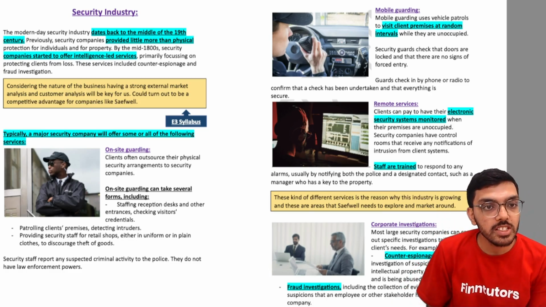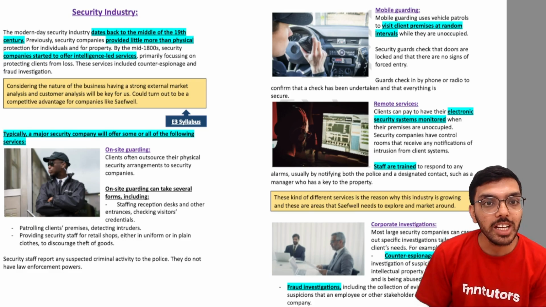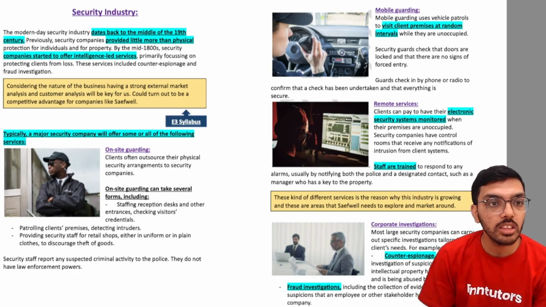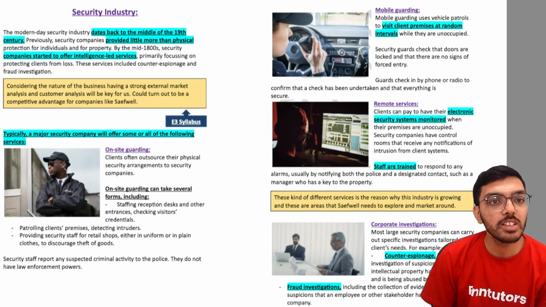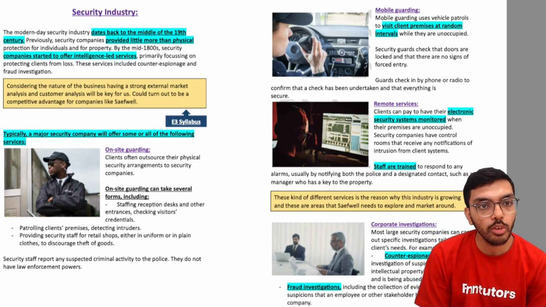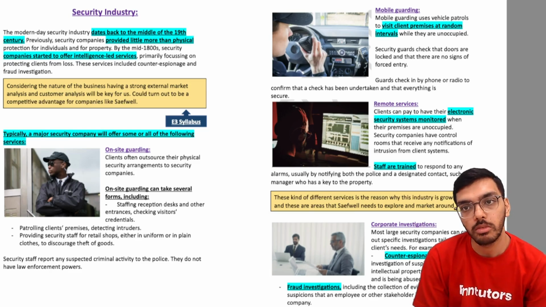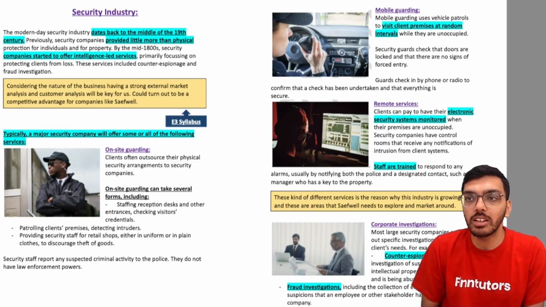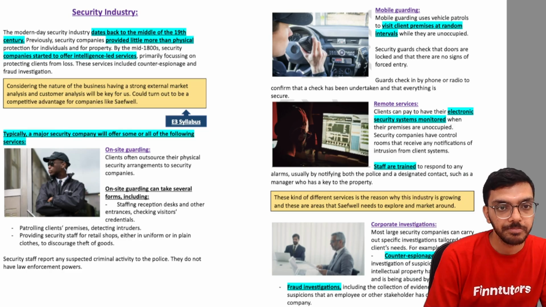So the modern day security industry dates back to the middle of the 19th century. Previously, security companies provided little more than physical protection for individuals and for property. Earlier, the word security meant physical security.